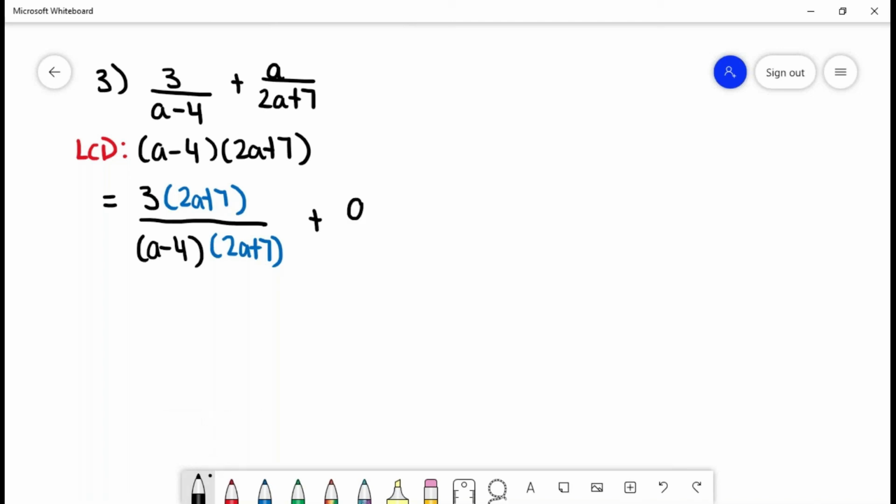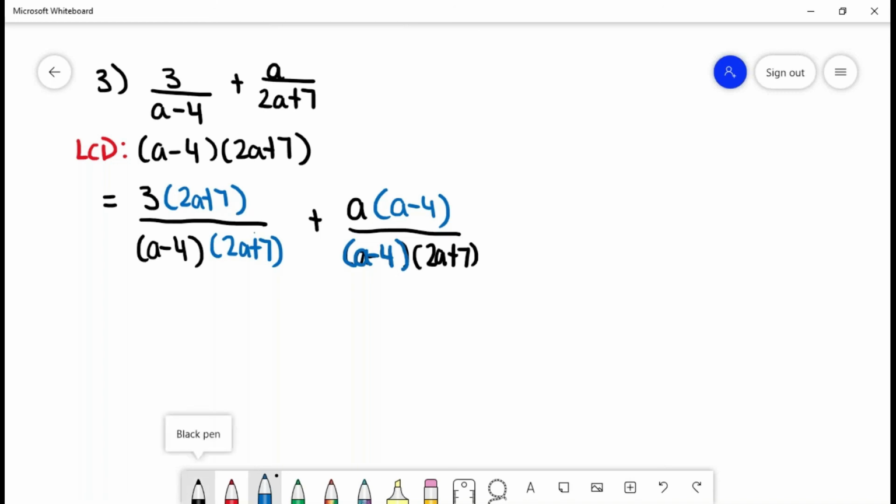So now we have a times (a - 4), divided by (a - 4) times (2a + 7). I've simply multiplied both the numerator and denominator by a - 4 for this fraction.